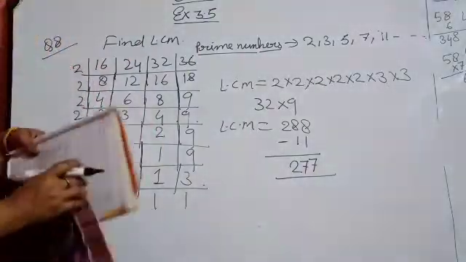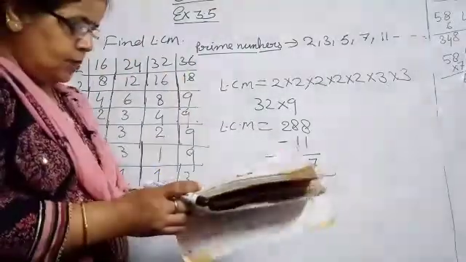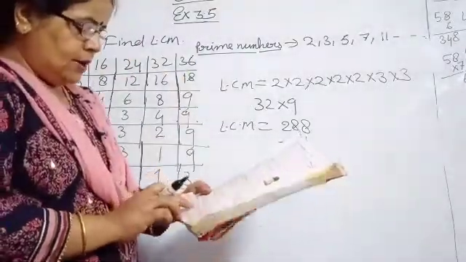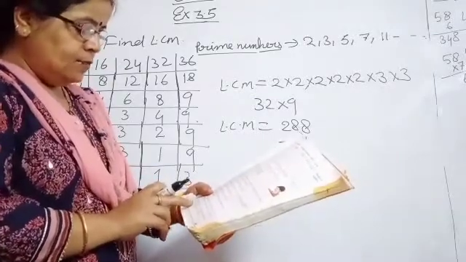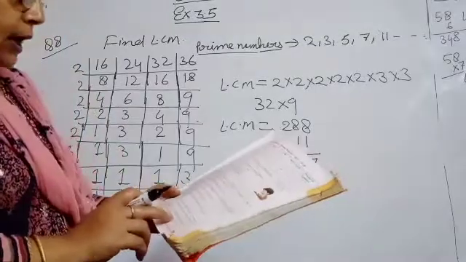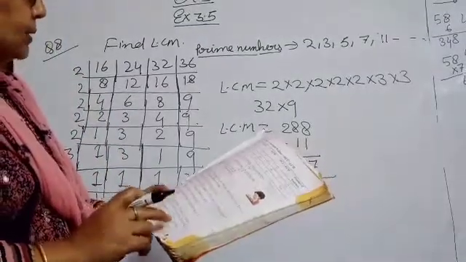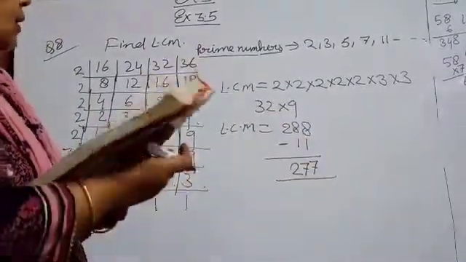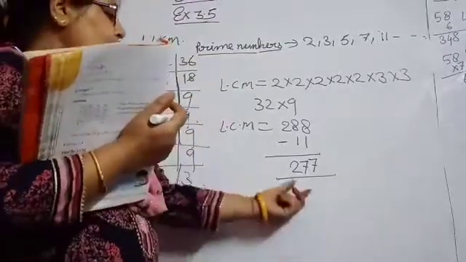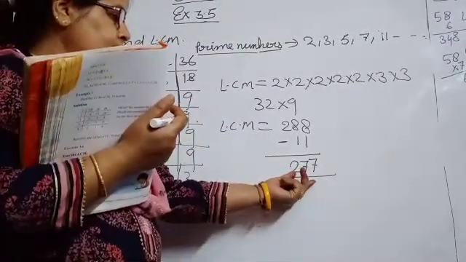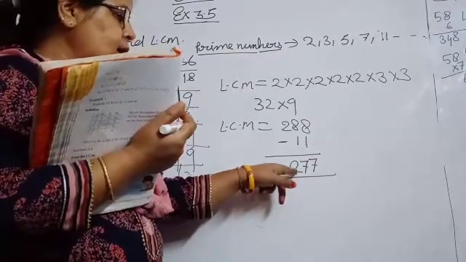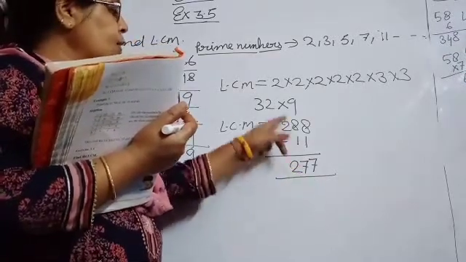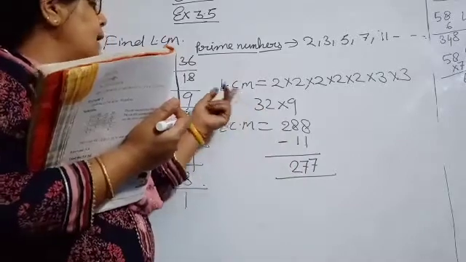Find the smallest number which added to 11 is exactly divisible by these numbers. It means that 11 should be added to this number so that it will be divisible by these numbers.